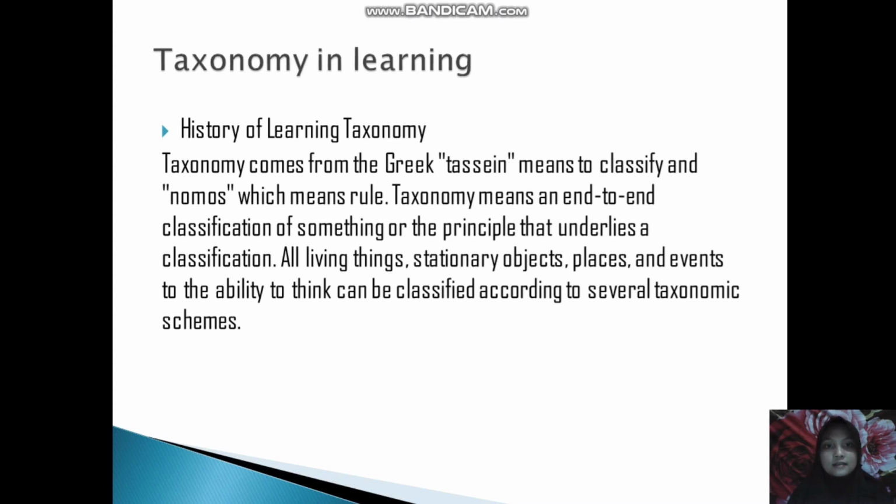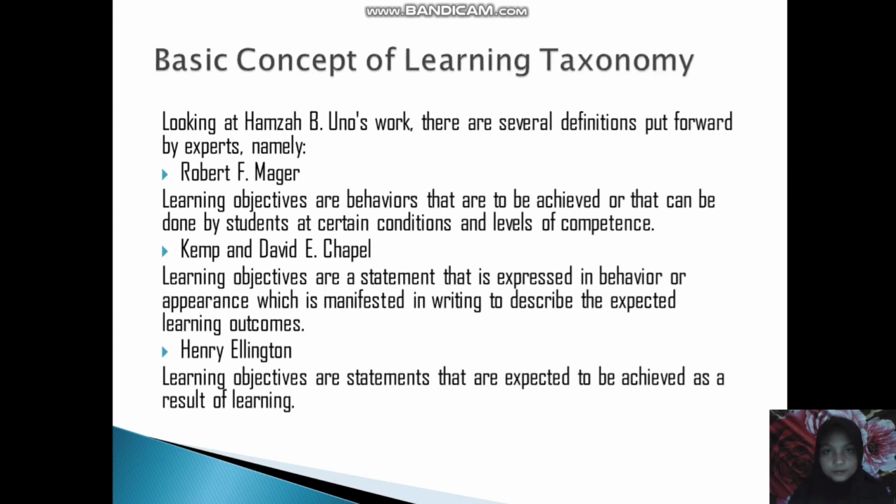Taxonomy means end-to-end classification of something, or the principle that underlies a classification of living beings, stationary objects, places, and events. Even the ability to think can be classified according to several taxonomic schemes. Basic concept of learning taxonomy.